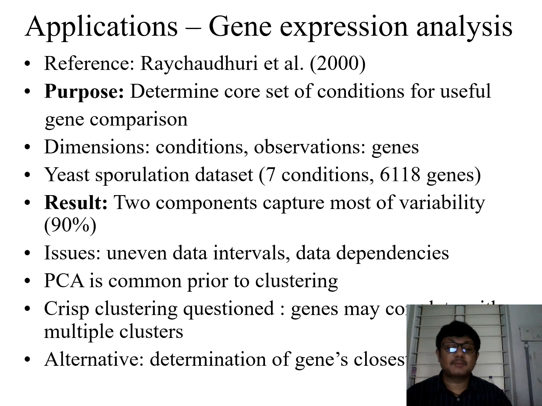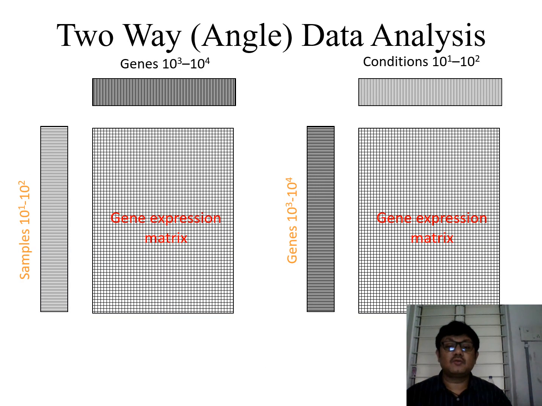PCA is common prior to clustering. Crisp clustering question: genes may correlate here with multiple clusters. An alternative is determination of gene classes. If you see the two-way gene expression data analysis, first we are going to consider samples of 10 to the power 1 to 10 squared, that will be given to the gene expression matrix.